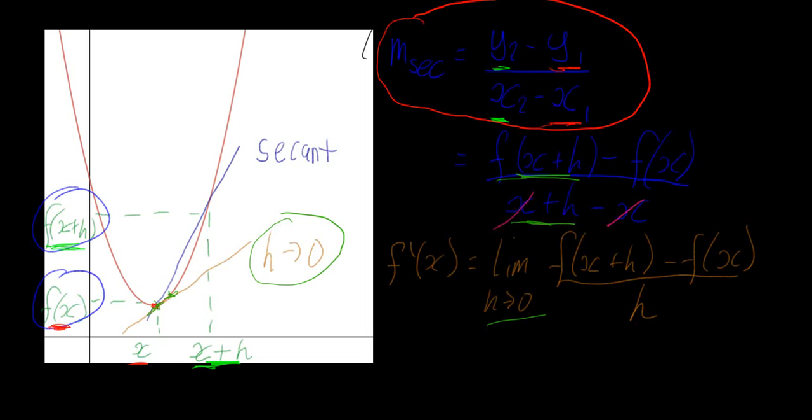Okay, so if you use this formula over here, you should be able to find the derivative function for most functions. I won't say all of them, but we're going to try it out on polynomials first, because they are often the most simple ones to derive using first principles.